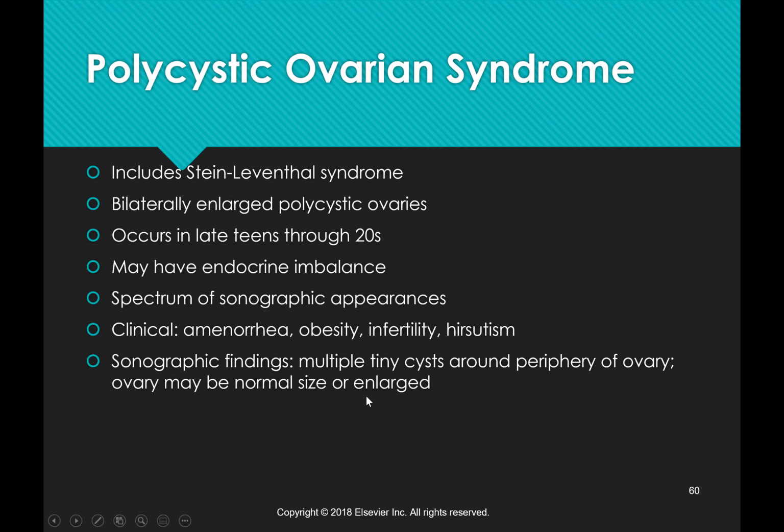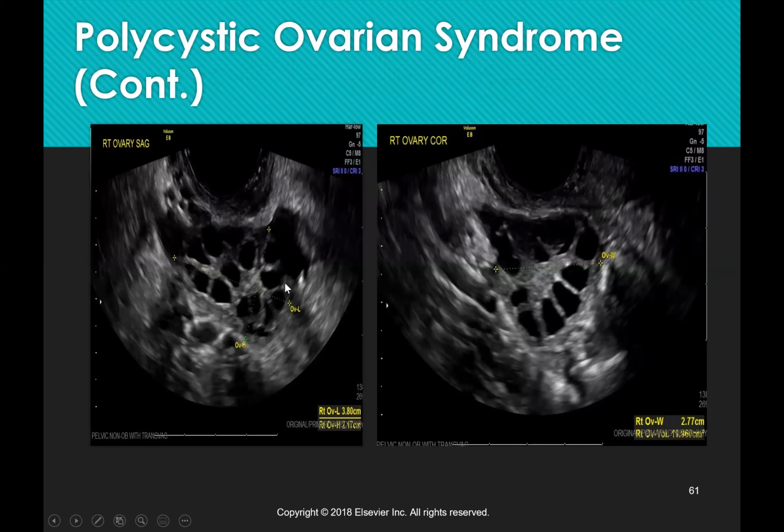Sonographic findings: multiple tiny cysts around the periphery of the ovary. The ovary may be normal in size or enlarged. We call this the pearl or string of pearls sign. And you're going to see these a lot of the times with polycystic ovarian syndrome. I've seen that the ovaries are a lot more round.